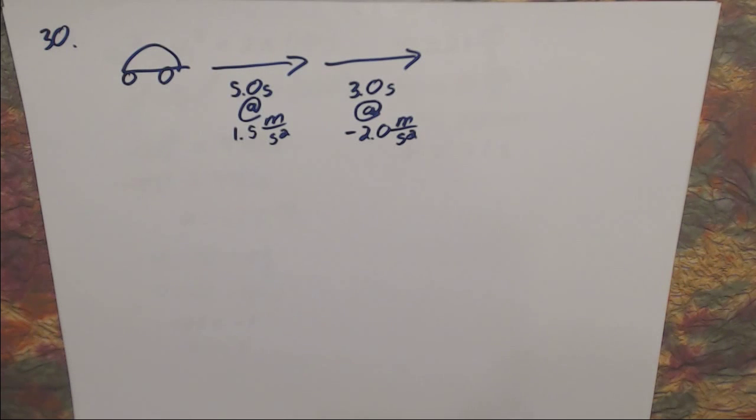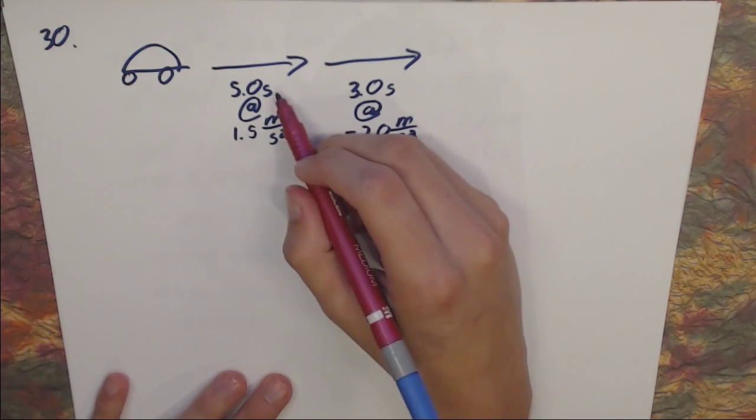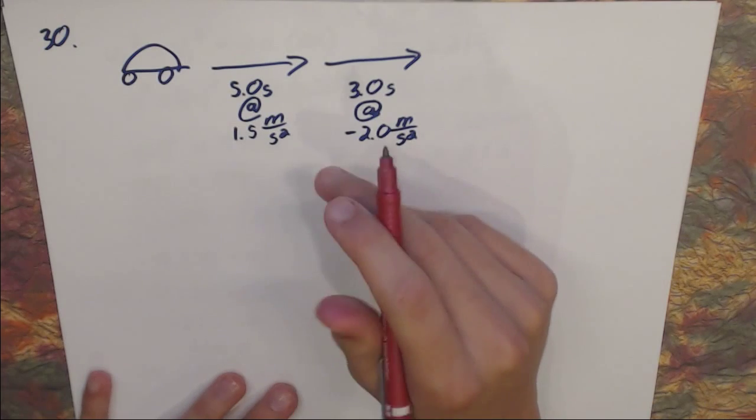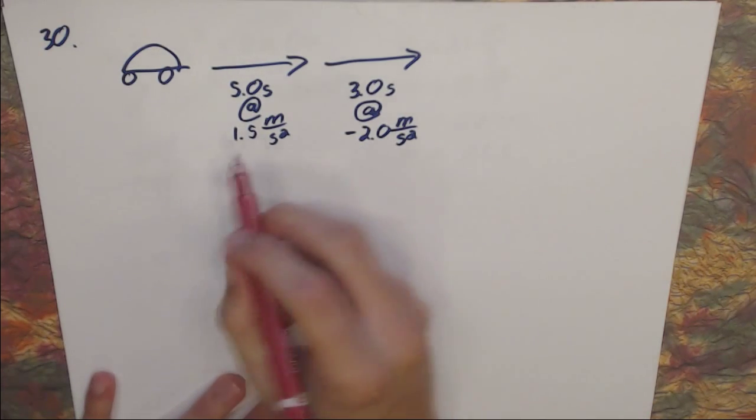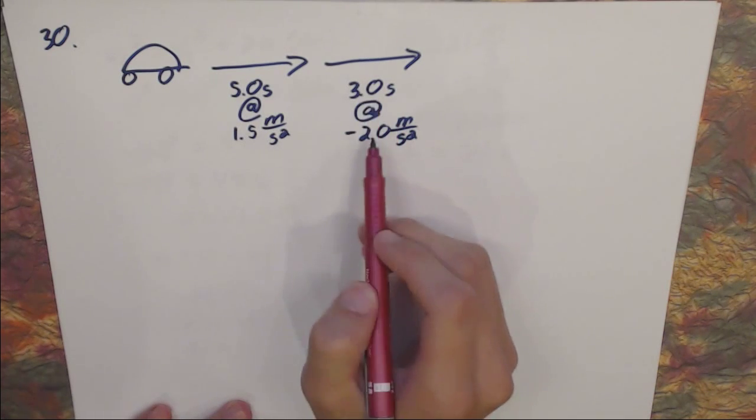So this is actually very similar to question 13 in some ways, except question 13 gives you velocities and times and asks for average velocity. But this question is giving you accelerations and times and asking for final velocity, but they work the same way. So you're going to just multiply this by this and add it to this times this.